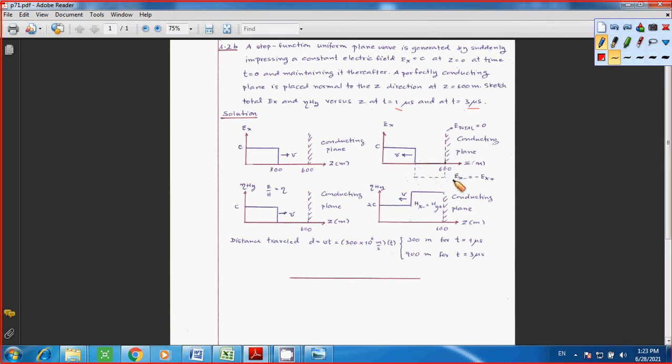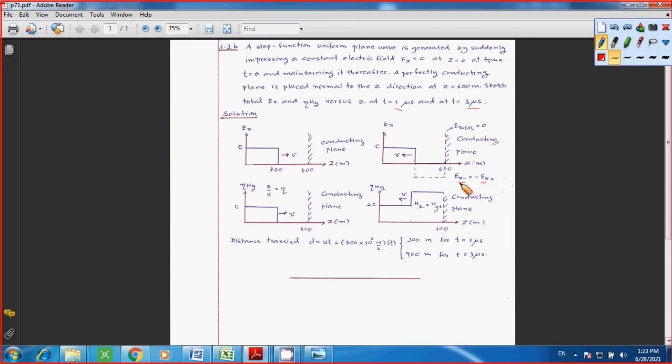But you know that there's no electric field at the conducting plane, so EX minus is the incident wave, and EX plus is the reflected field. At the conducting plane there's no electric field, so EX minus plus EX plus has to be equal to 0.